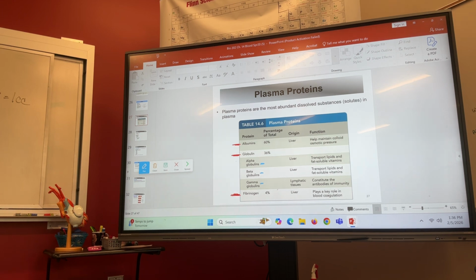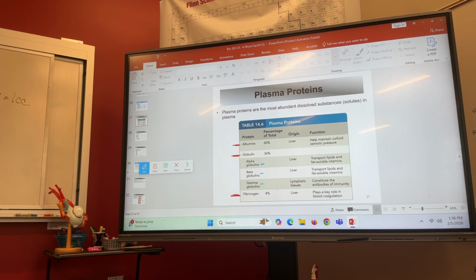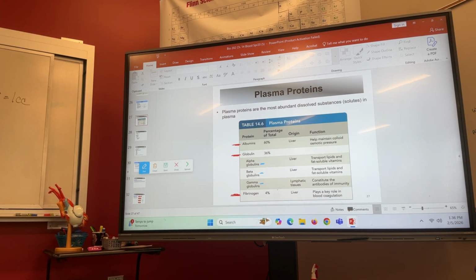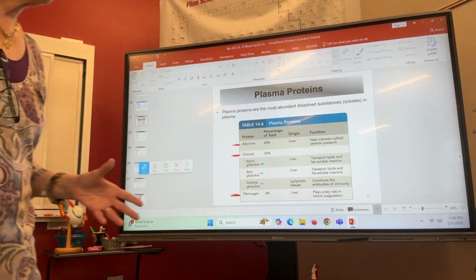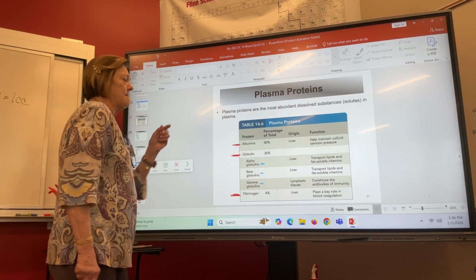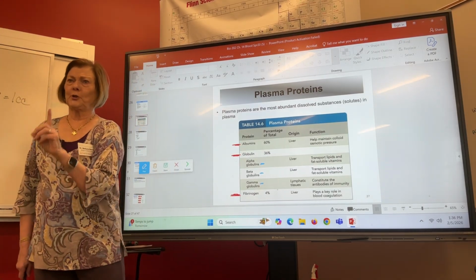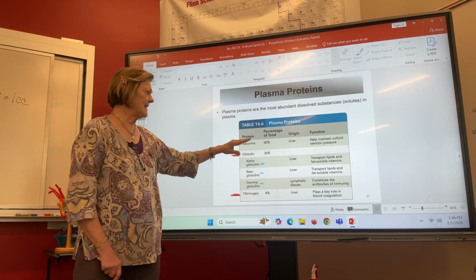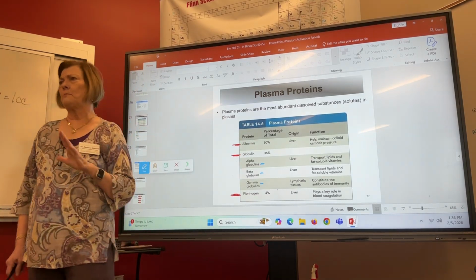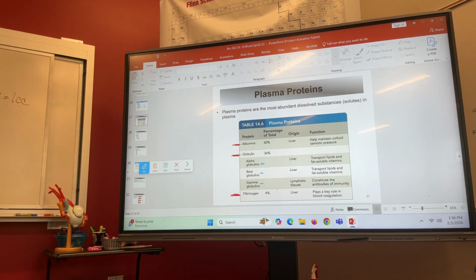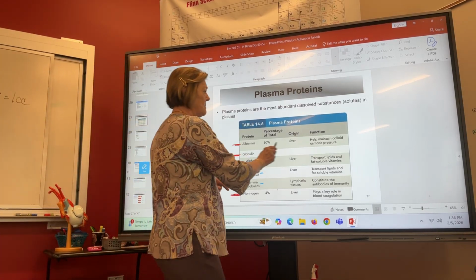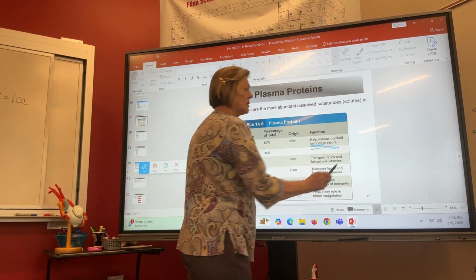Where are you going to find them? Plasma proteins. Yeah, y'all a little slow. In the plasma of the blood. Okay, good. I'm not sure, in the review I'll tell you, but I think there's a question on albumins, and underneath albumins on your sheet, just put osmotic pressure.